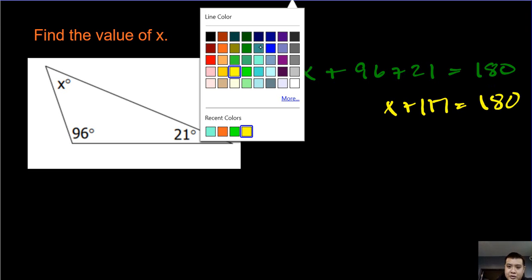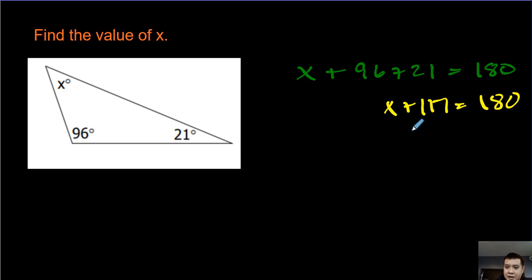We are going to subtract 117 from both sides, and we find out that x is 63. So this angle right here is 63 degrees.